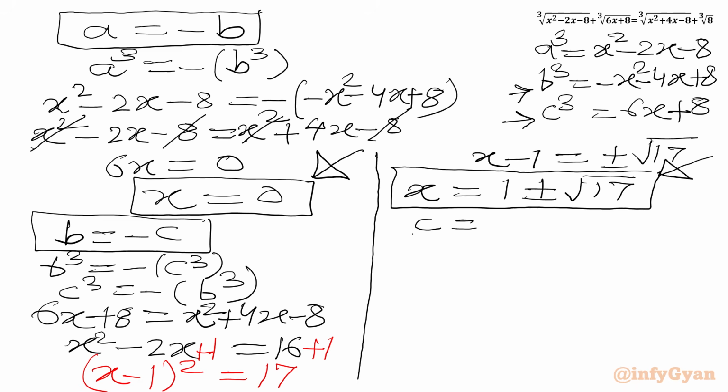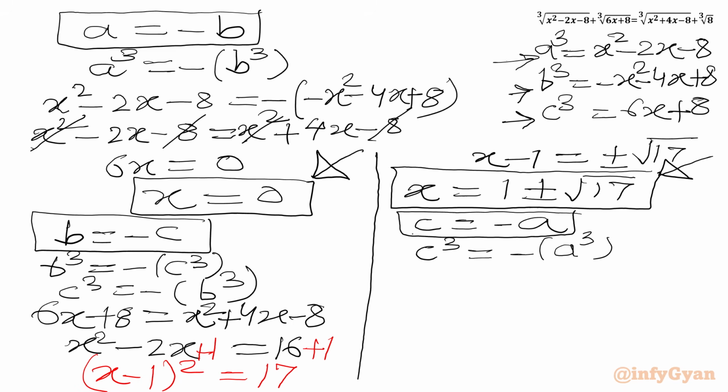Now our third condition, it is c equal to minus a. After cubing both sides, I can write c cube equal to minus of a cube. Let's put a cube and c cube value over here. We will get 6x plus 8 equal to, after multiplying by minus 1, we will get minus x square plus 2x plus 8.